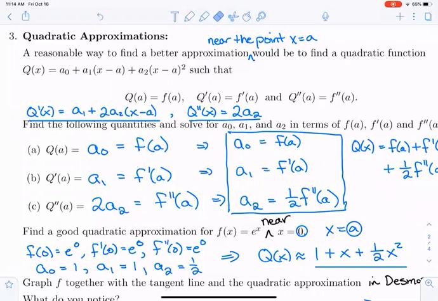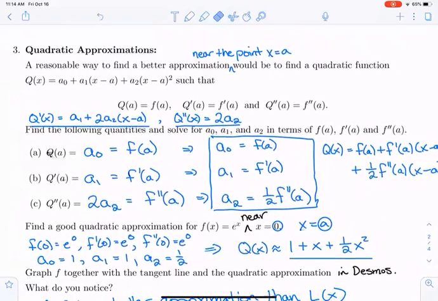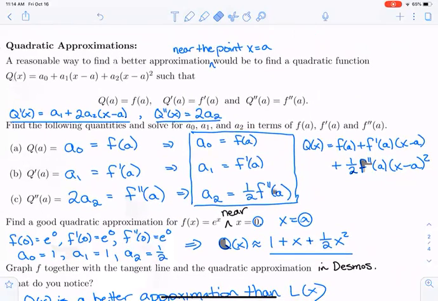We showed that the first coefficient is f of a, the second one is f prime of a, which, if you look to the right here, means that the linear approximation was in fact the first two terms of our quadratic approximation. And then the last coefficient was 1/2 f double prime of a, and that's sitting inside of that quadratic term, x minus a squared.